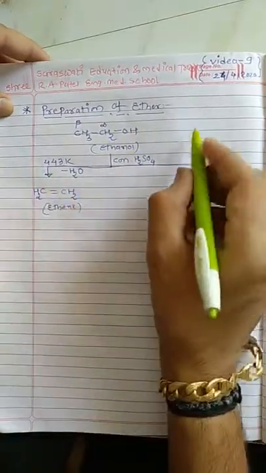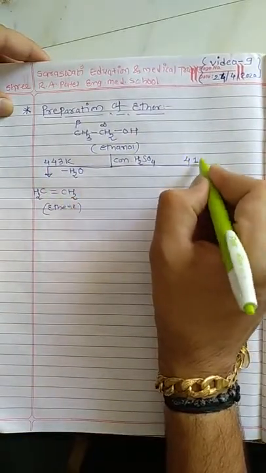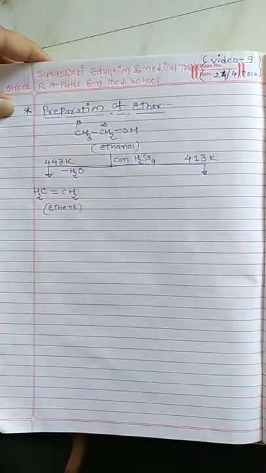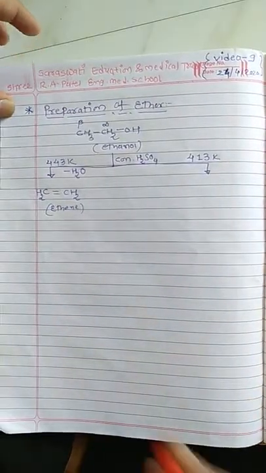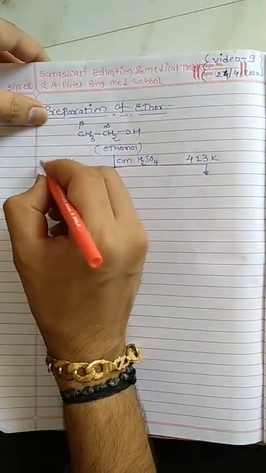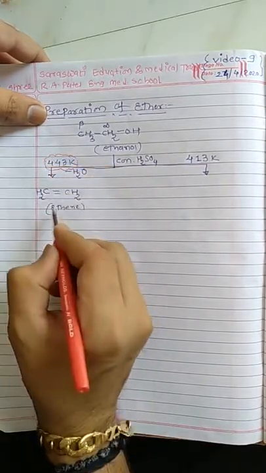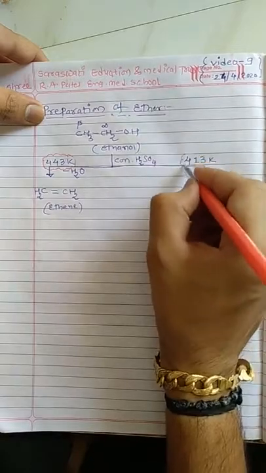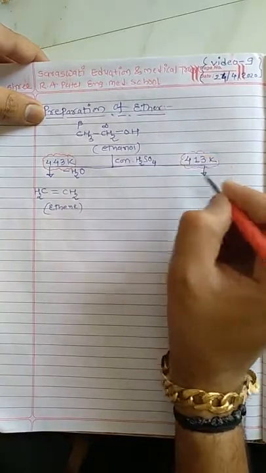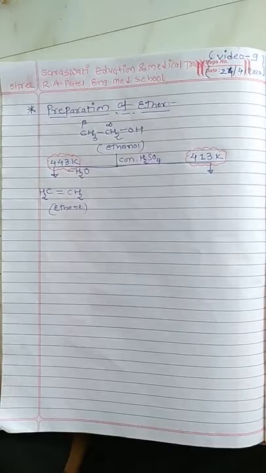So a different condition, 413 Kelvin temperature, plays an important role. I will tick mark over here. At 443 Kelvin it will give alkene, but at 413 Kelvin it will give ether.